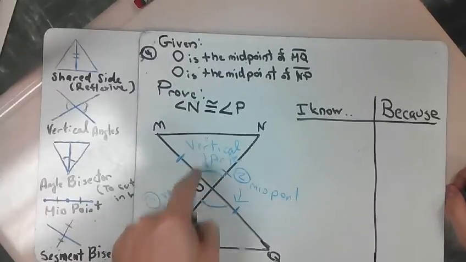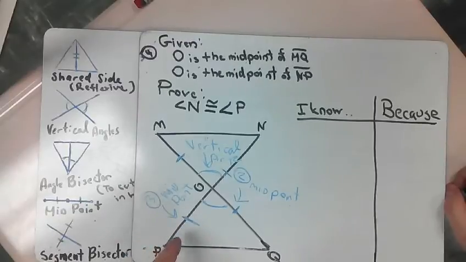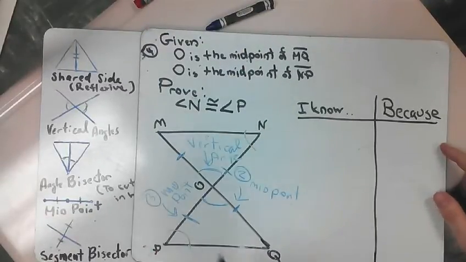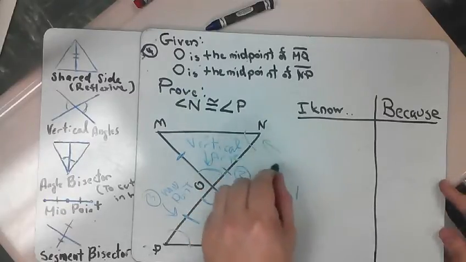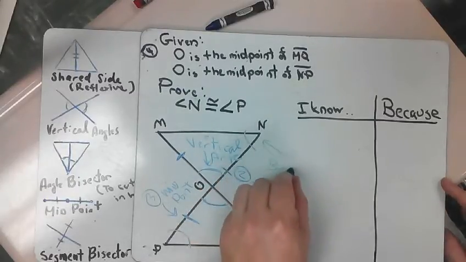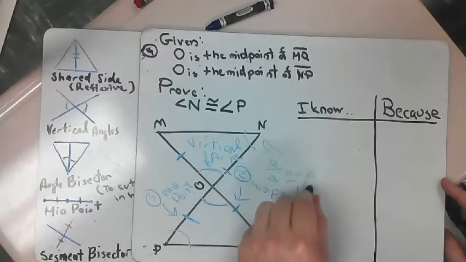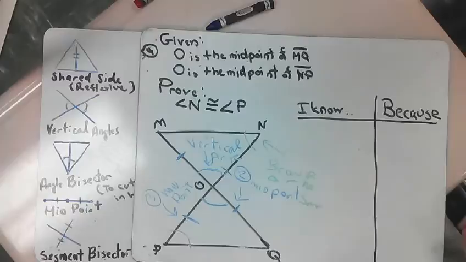Knowing that these triangles are the same, as a result, this part here and this part here has to be the same, because the triangles are the same. I'm kind of ran out of room there. So I'm going to write that up.